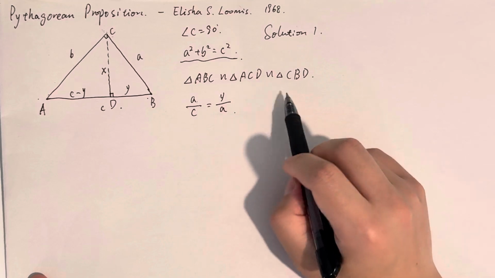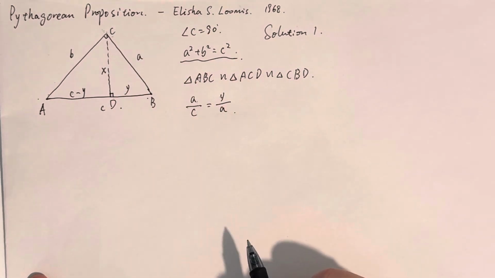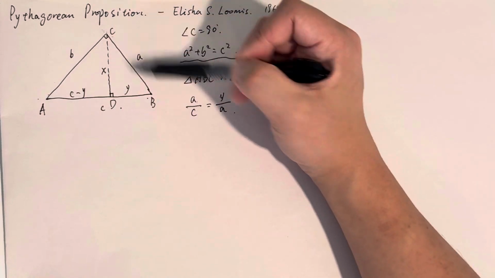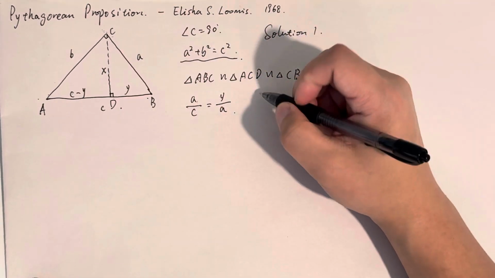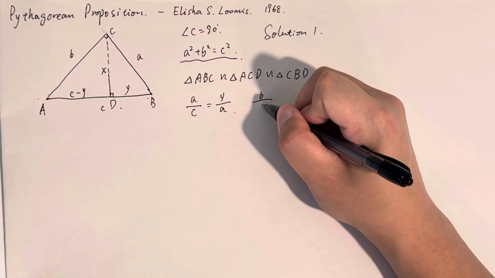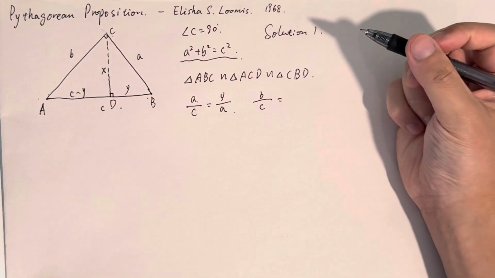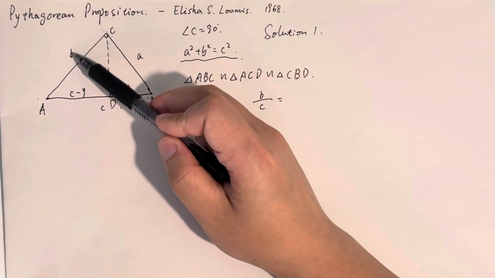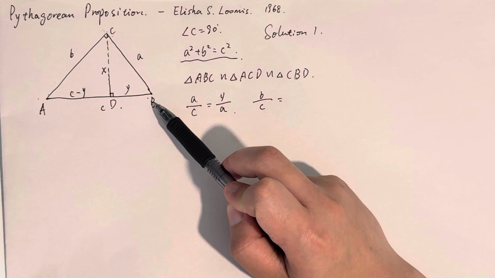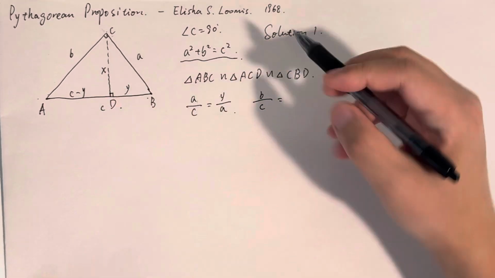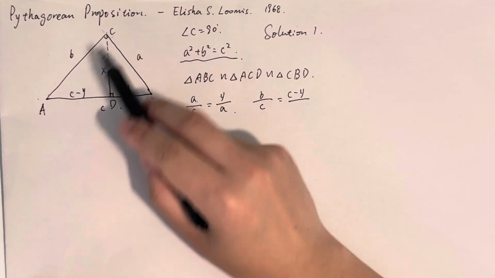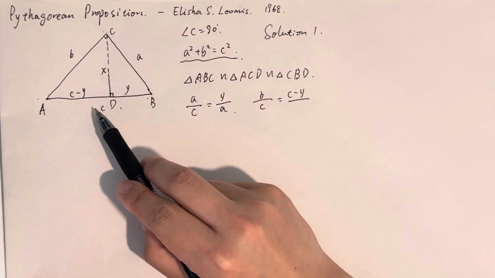That's based on triangle CBD being similar to triangle ABC. And for triangle ACD being similar to triangle ABC, we can write a similar equation, which is b to c equals c minus y to b, right?